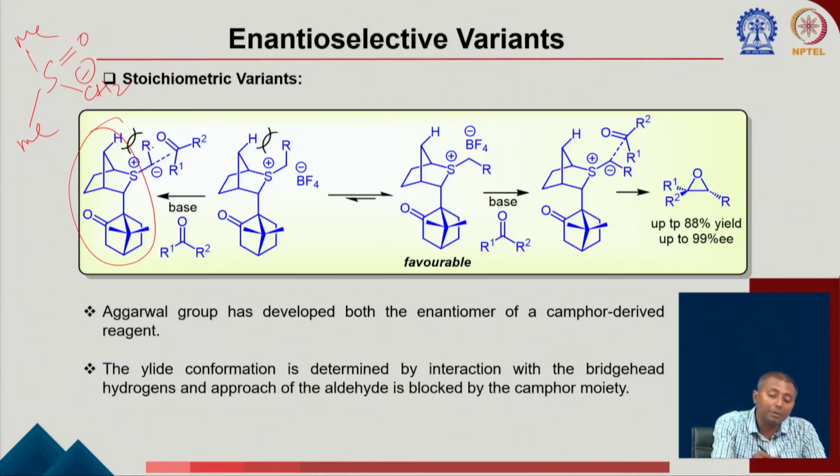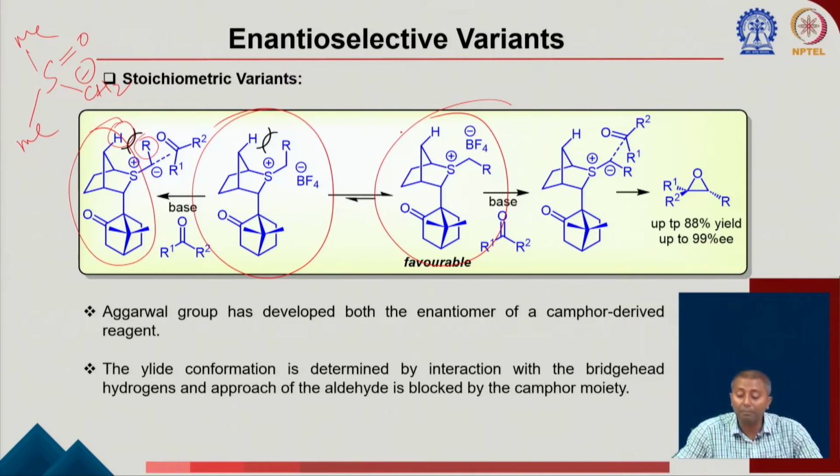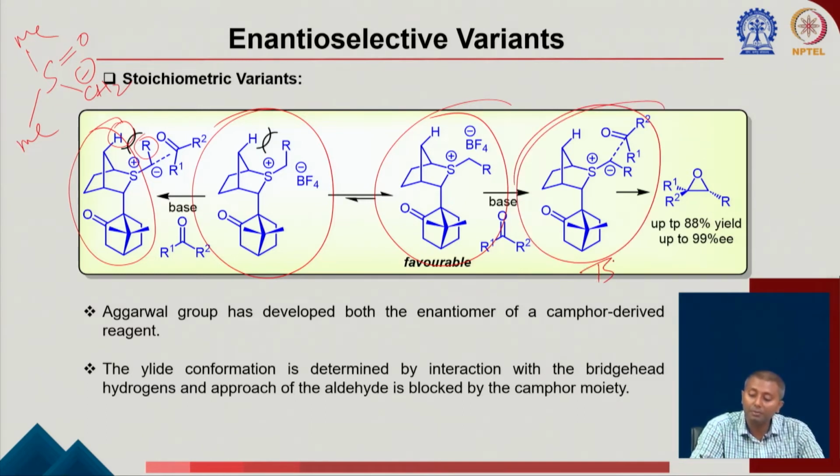If you orient in this particular conformation, then this R group and H group will have steric interaction, so there will be an equilibrium once you generate the corresponding carbanion, and it is going to prefer to react in this particular transition state, which will be less energetic compared to this one. So you can control the attack of this CH2 minus, this corresponding carbanion, to a particular face of the carbonyl group.